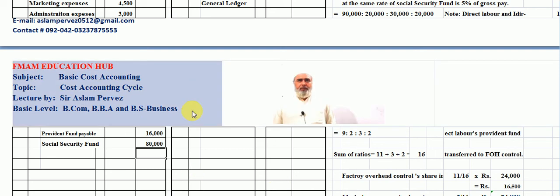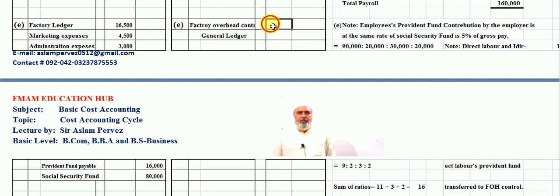Now in the book of factory, the 16,500 rupees is charged to the factory overhead control, and the general ledger account is credited 16,500 rupees here. Students, the employer's contribution to provident fund is charged to the factory overhead control in the book of factory office.